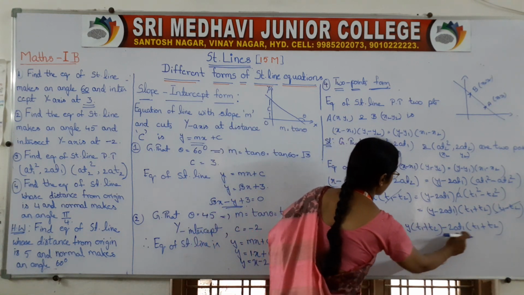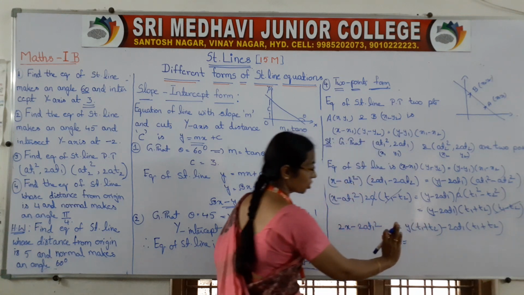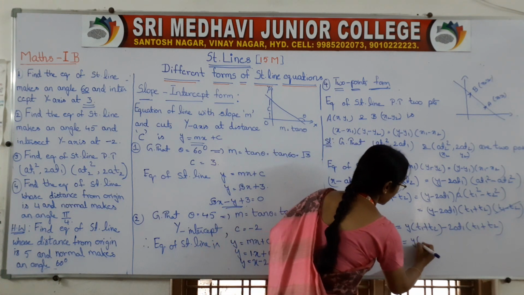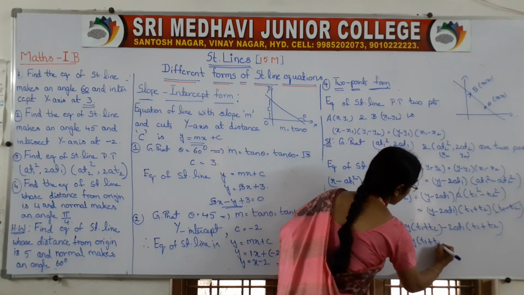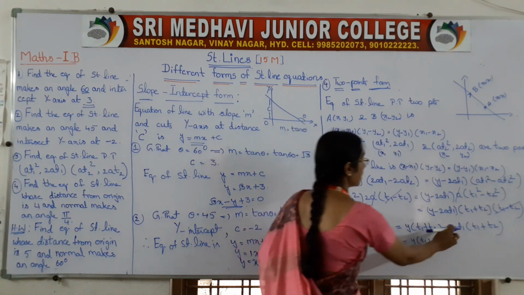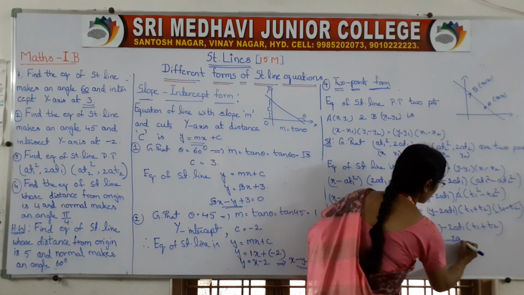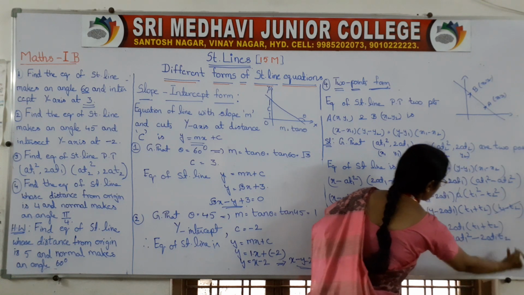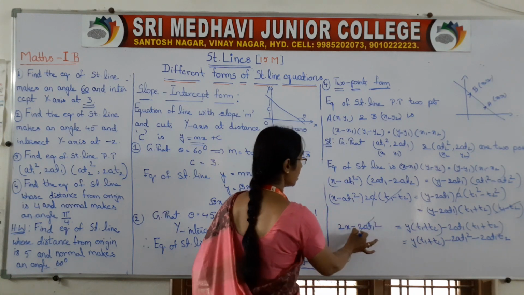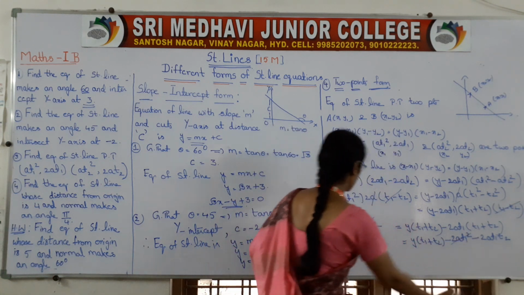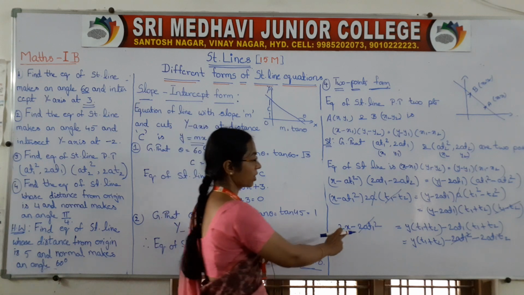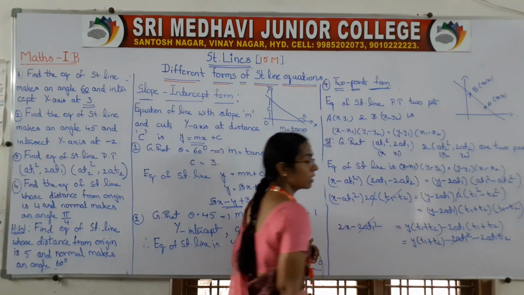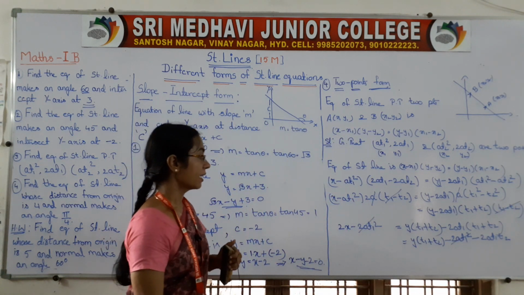You open this bracket, this is the y term, you should not disturb. So y into t1 plus t2 minus, open the brackets, 2at1 square minus of plus minus 2at1t2. This side 2at1 square minus of 2at1 square cancel.